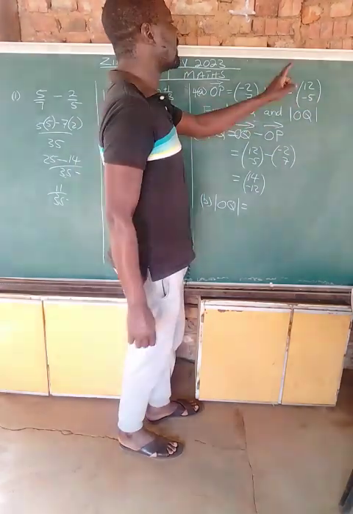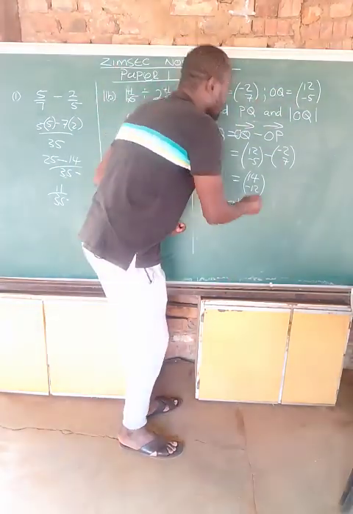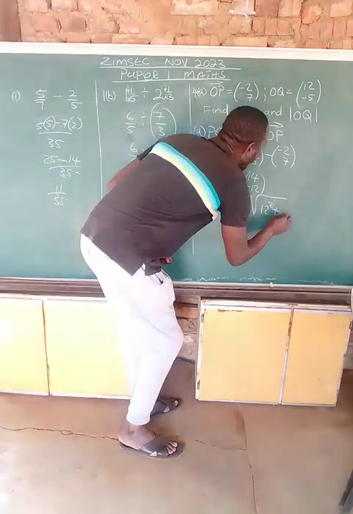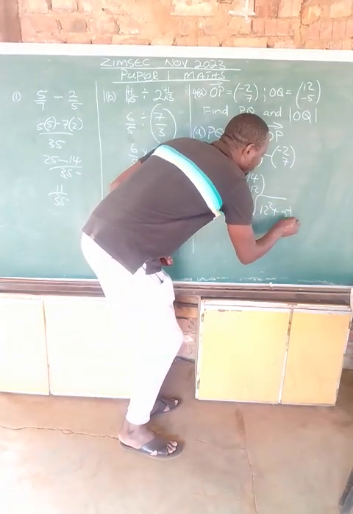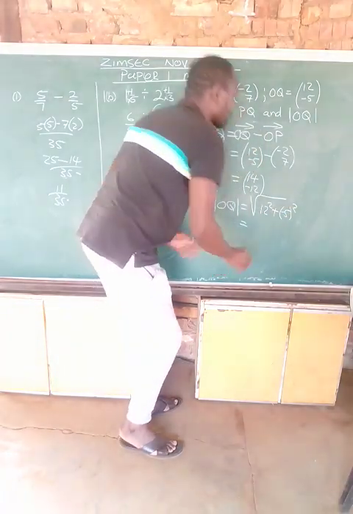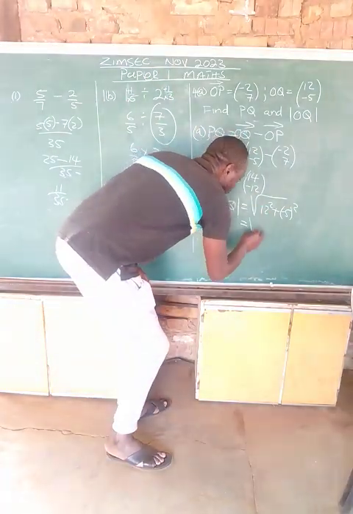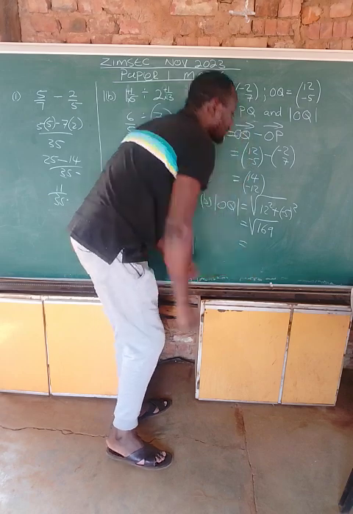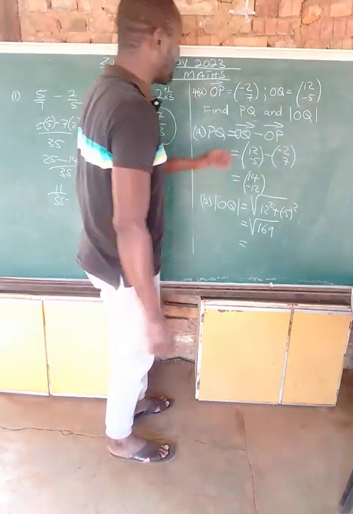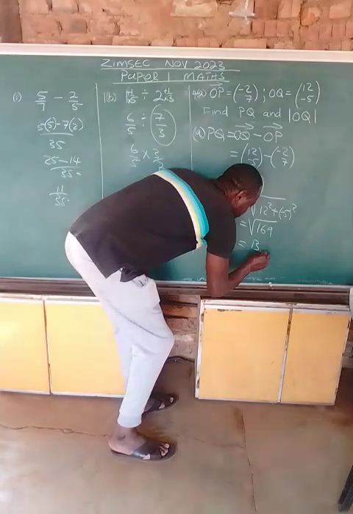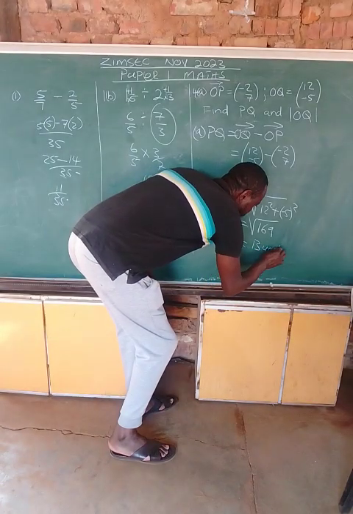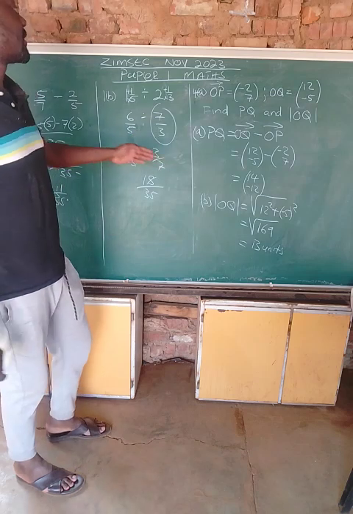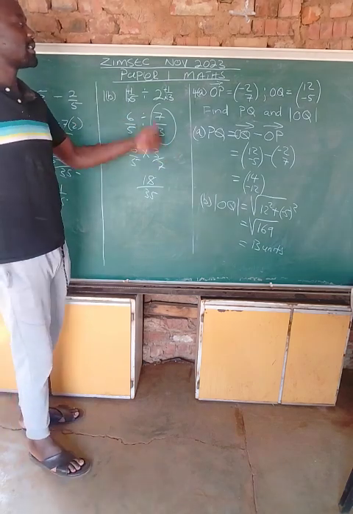We have 12 and minus 5. So the modulus we are going to have is the square root of 12 squared plus minus 5 squared. If we add this under the square root sign, we get 169. What is the square root of 169? It's 13 units.